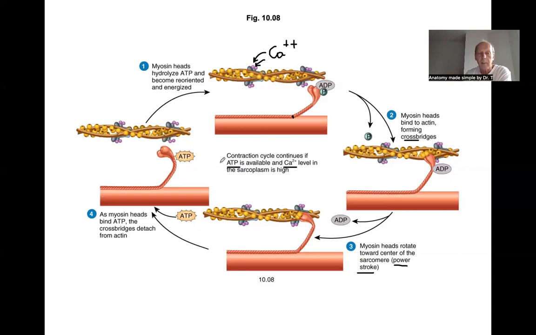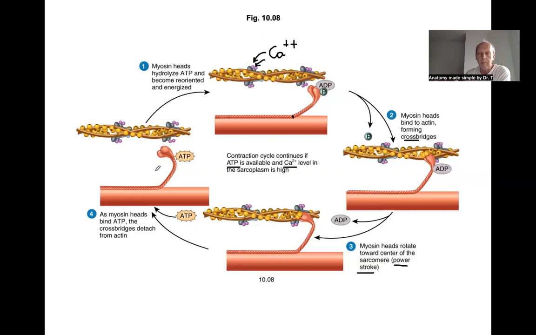But now the myosin head, which is still energized, could form another cross bridge. And as a result of that second cross bridge being formed, a different part of the thin filament is held and a different power stroke could be applied. So the sarcomere goes into maximal contraction.